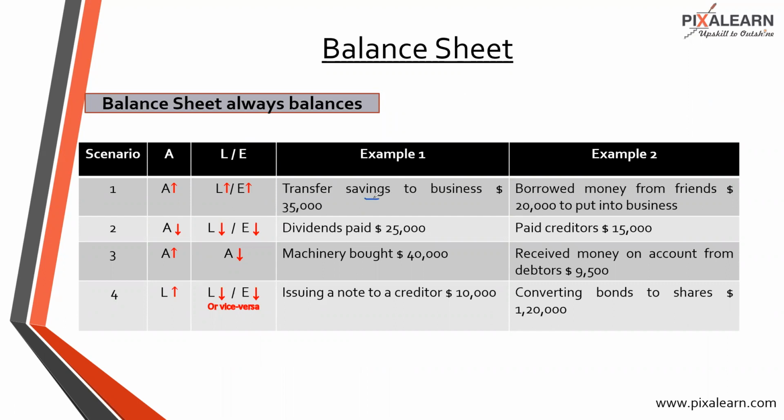Let's say a person, let's say X, transferred his or her savings to his or her business. What happens? At one go, the bank account goes up. That means an asset is going up. And since it's my own business, when I put in money, my equity has to go up, right?